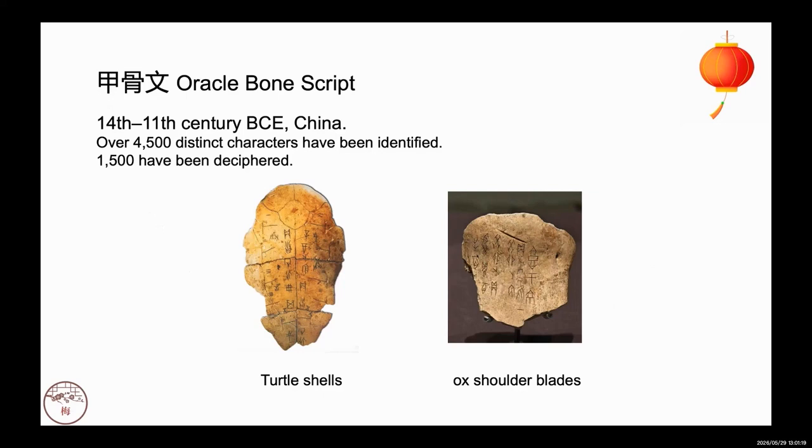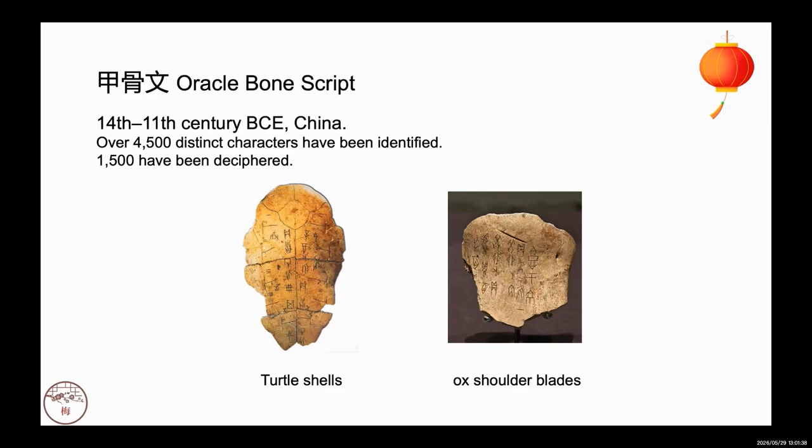But let me tell you a little bit about the history here. Actually, Oracle Bone Script was not used by normal people at that time. It was only used by the royal court to do divination.